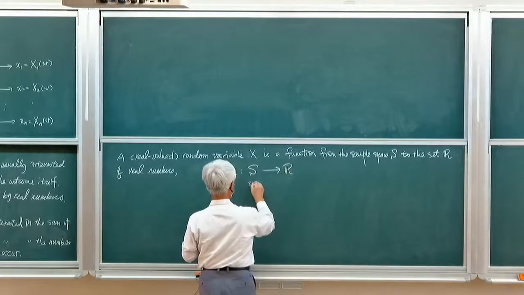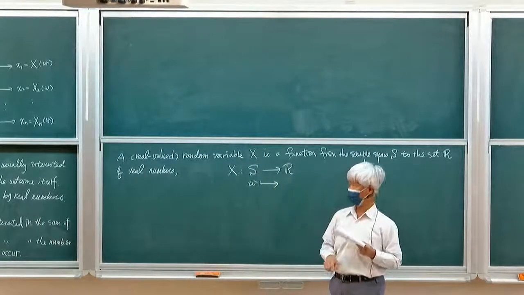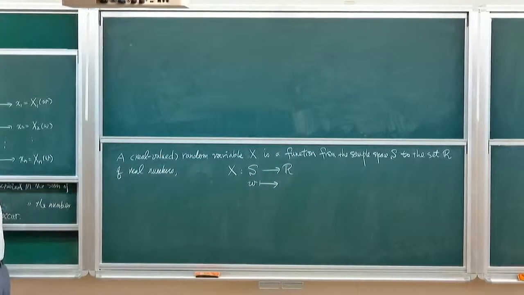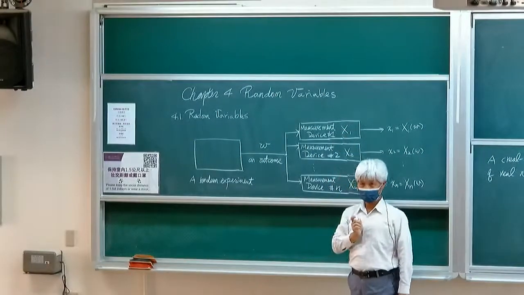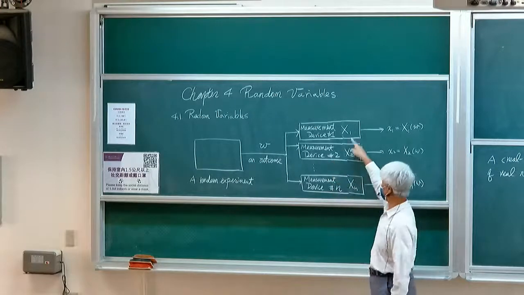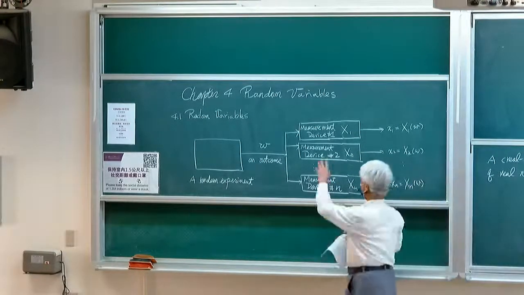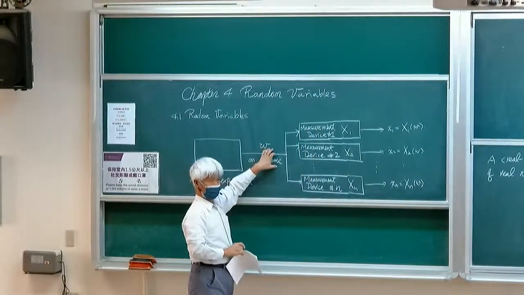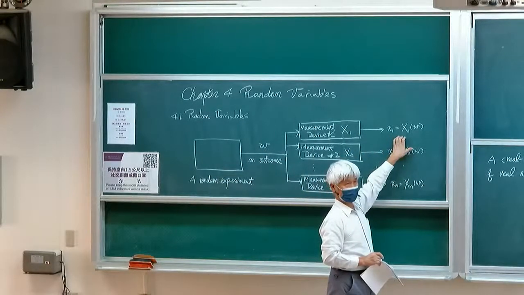And so for every sample omega in the sample space, just like here, x1 is a function, x2 is another function, etc. So here we have n functions, and each function maps an outcome to a real value.